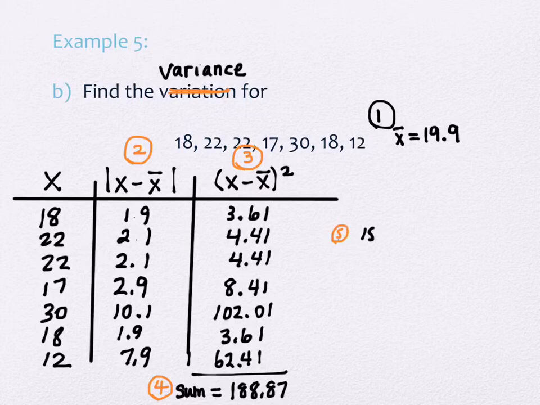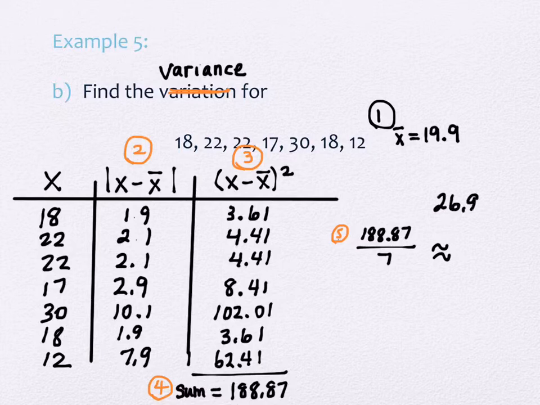So we're going to take on step 5, and we're going to take that 188.87, and we're going to divide by what? 7, because there are 7 values. And here's where we will record this to 1 decimal. So just for the sake of having all talked through it, what value do you get with, say, 3 decimals? 981?